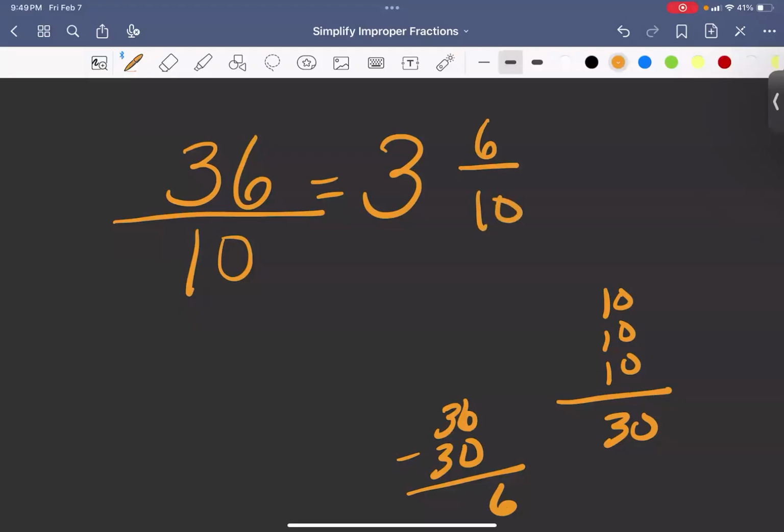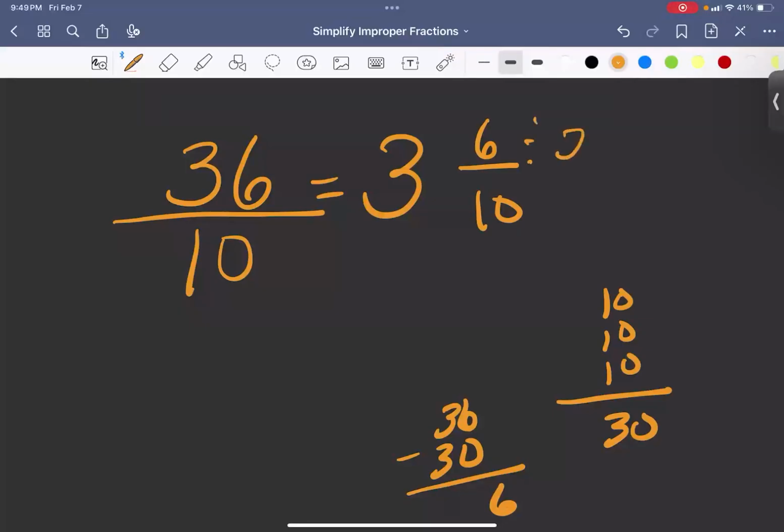Is 3 and 6 tenths in simplest form? No, it's not, because 6 and 10 have common factors. If the numerator and denominator were both prime numbers, then we wouldn't be able to simplify this any further. But 6 and 10 have common factors.